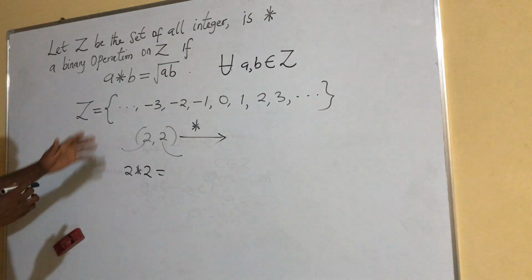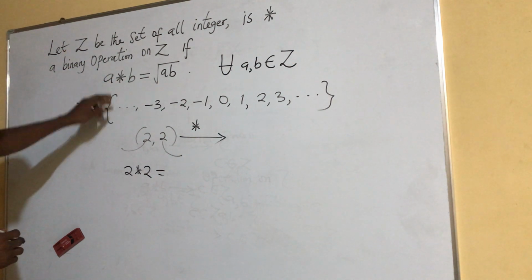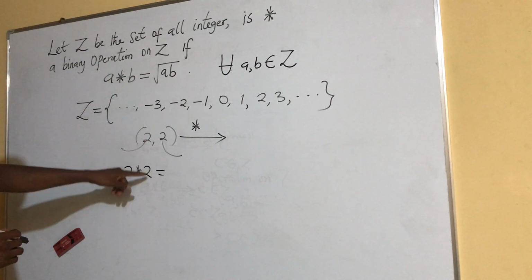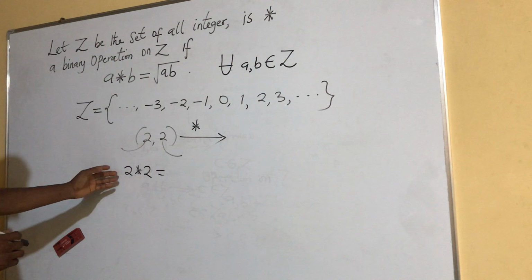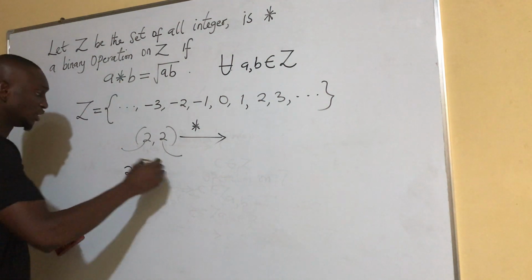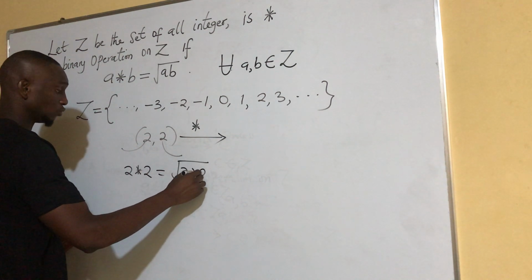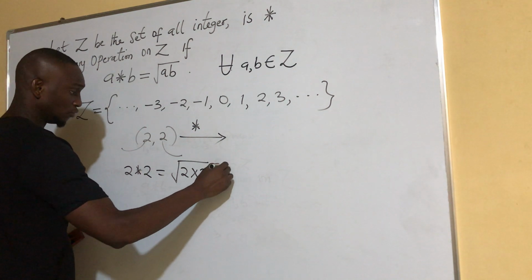When you compare with the given expression, you see A here happens to be 2 and B here happens to be 2 also. So the result with respect to the given function becomes the root of 2 times 2, which is going to give us the root of 4.